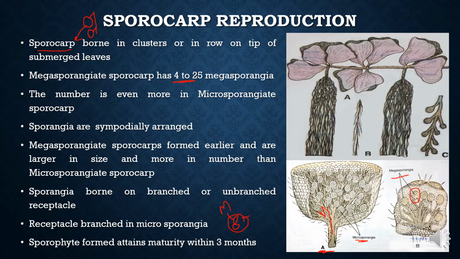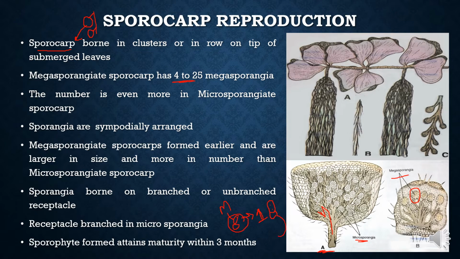Inside this 3 layered structure are the spores, and 8 megaspores are formed, of which all but one survive, and the rest disintegrate and add to the nutrition of the single megaspore. Out of these 8, only one survives.